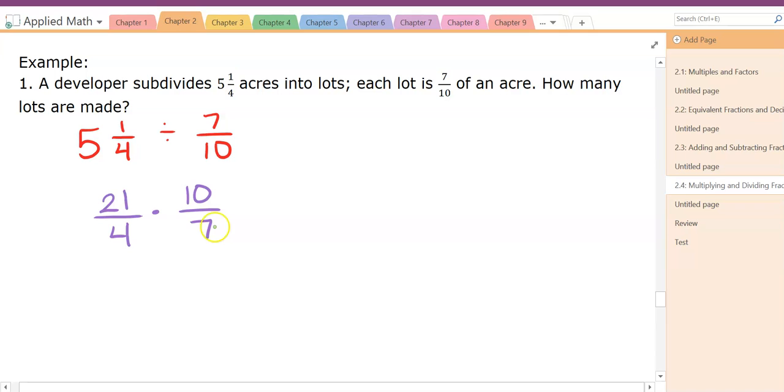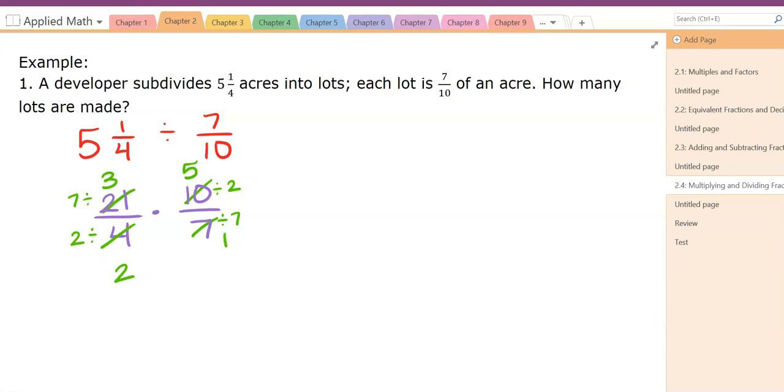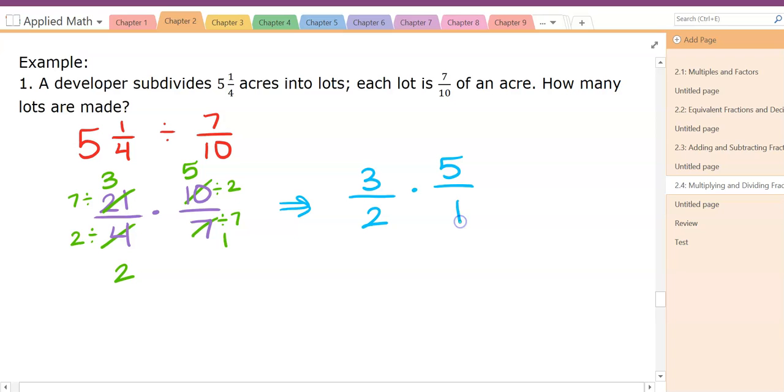You can reduce 21 and 7. 7 becomes a 1, 21 becomes a 3, because we divided those by 7. How about 4 and 10? Can you take anything out? 2. So we get 2 and 5. So a little messy here. Right now I have 3/2 times 5/1 left.